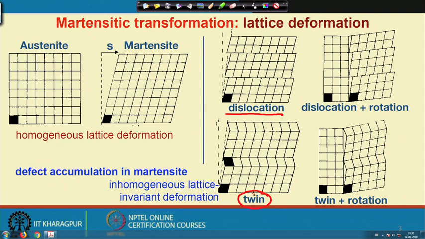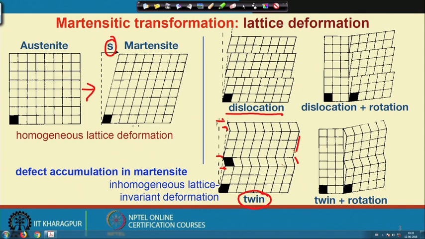Now, let us have a look at some other invariant strain which is commonly known as twin. Twin looks like a mirror like plane of the parent lattice. During this austenite to martensite transformation, this large shear can be accommodated into small domains in this way, that here is the twin.